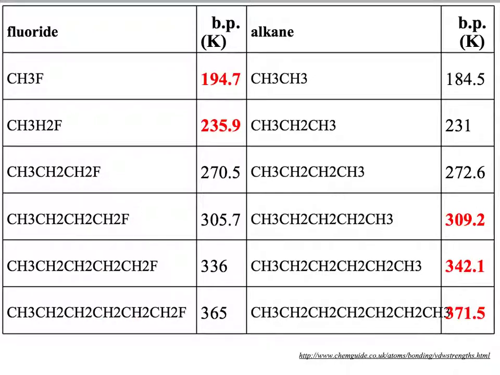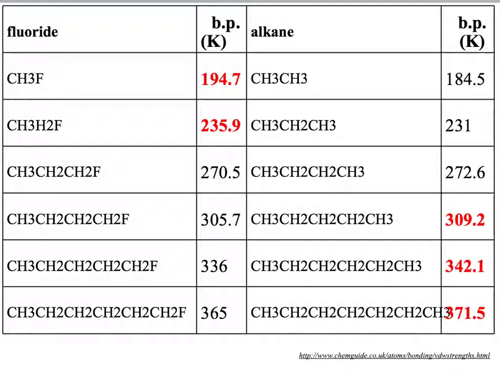And this has about the same mass over on this side as a 2 carbon alkane, ethane, and then my 3, 4, 5, 6, and 7 carbon alkanes. So let's look at those boiling points in Kelvin. For my 1 carbon fluoride, about 195 Kelvin. If I compare that to my alkane over here, it's 184 Kelvin.